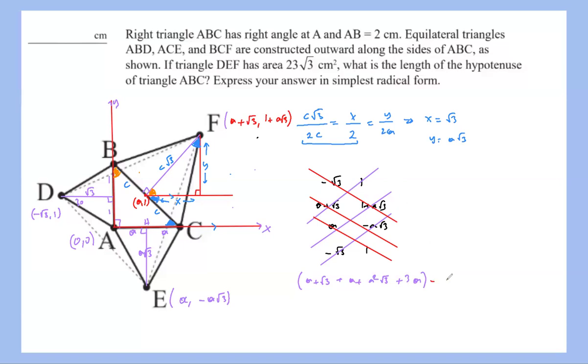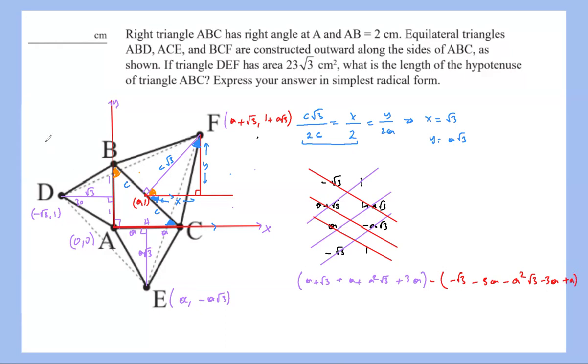I'm going to have a minus, and then that will be −√3 − 3a. And then for the second one, this time this will be −a²√3. And if you multiply this by this, that will be 3a, but negative 3a. And then the last one is just a.